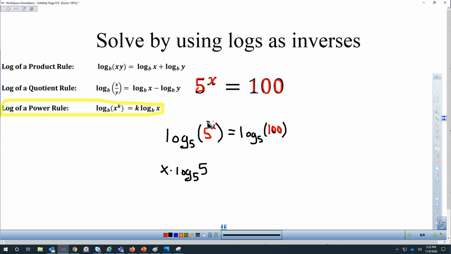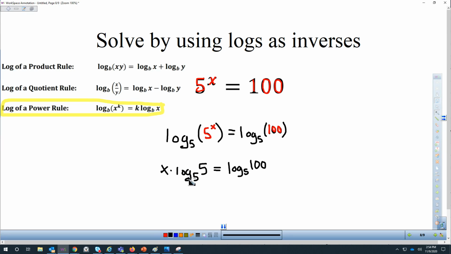Okay, so we've applied the power rule to basically bring this x out in front, which gives us this new expression, which is still going to equal log base 5 of 100. Okay, that hasn't changed. We just changed this left-hand side to, instead of being log base 5 of 5 to the x, something that's equivalent, which is x times log base 5 of 5.